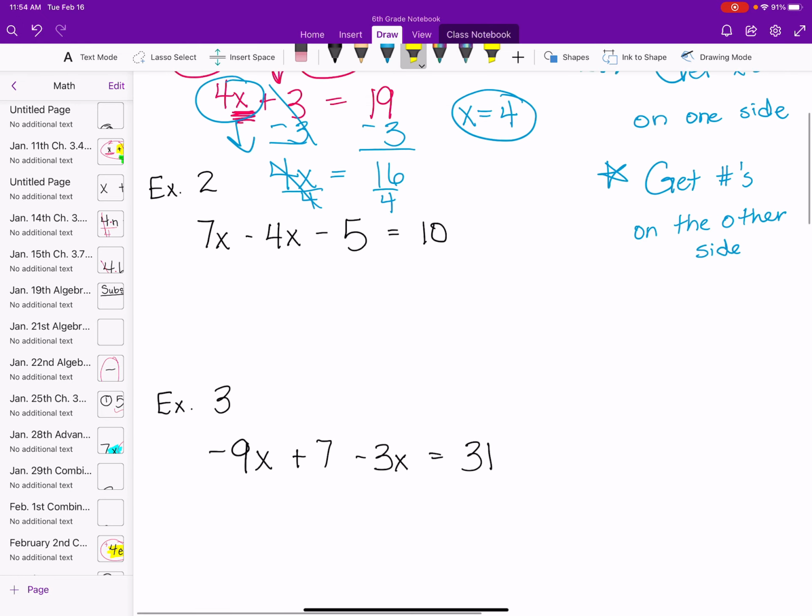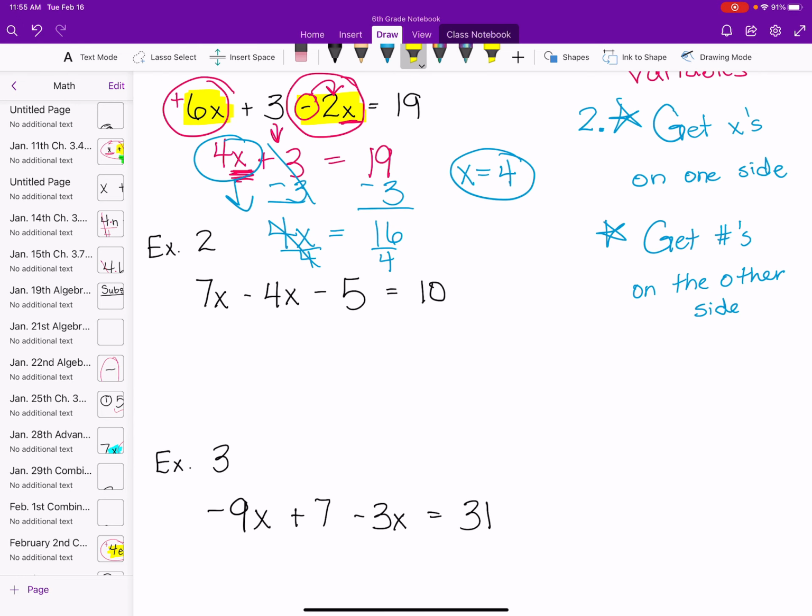Okay, so I'm looking at what two things both have the x's in it. I have a 7x, and I have a minus 4x, so this is like a positive 7. So I have positive 7x minus 4x. 7 minus 4 is positive 3x. And then I'm just going to bring down everything I didn't use. I didn't use my minus 5 equals 10 yet. Okay, so now I'm going to get rid of my addition and subtraction first.